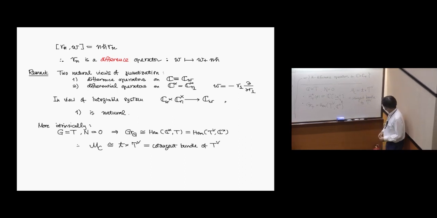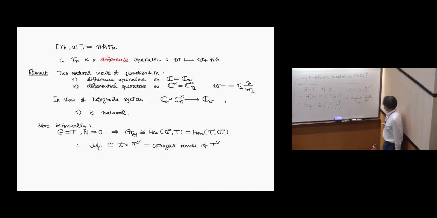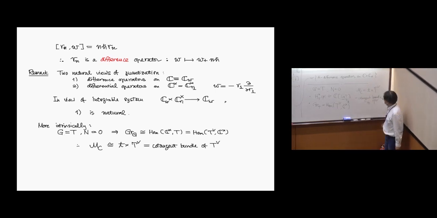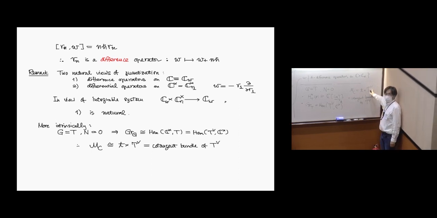Usually the cotangent bundle is denoted by T star, but we have too many T's, so I just write it in plain English. So the Lie algebra of T check is the dual of T by this definition. And the original T is dual to the Lie algebra of T check.